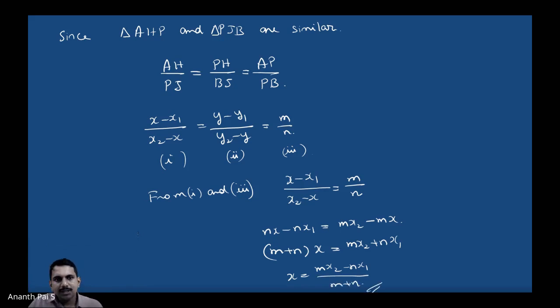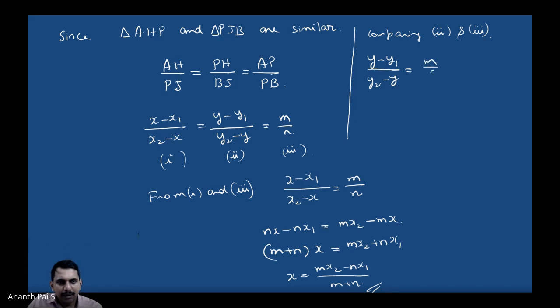Similarly, on the other side, comparing 2 and 3, we can write y minus y1 divided by y2 minus y is equal to m by n. So we can write ny minus ny1 is equal to my2 minus my, correct?